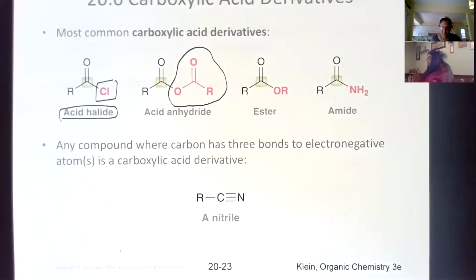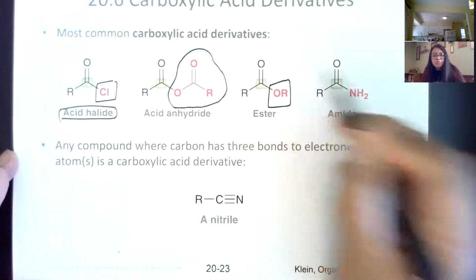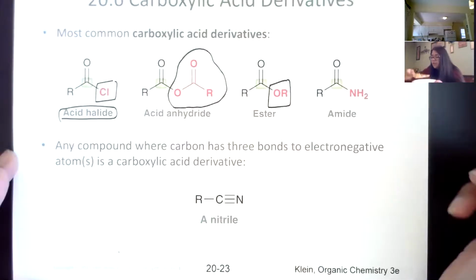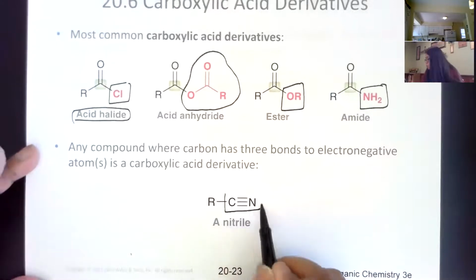One of the labs. You used acetic anhydride. And this is ester. And this is an amide. Okay. And this is the nitrile.